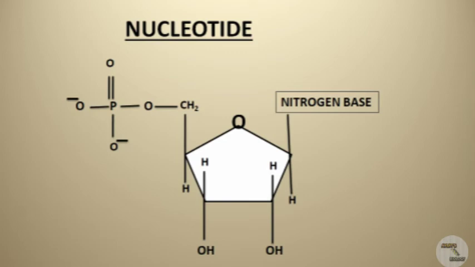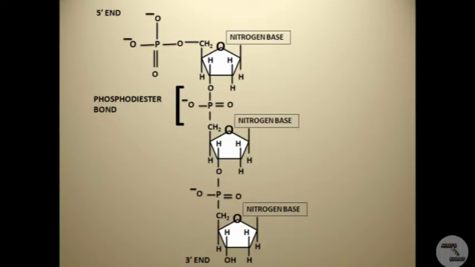Now the polymers of nucleotides which are formed by the condensation of nucleotides are called polynucleotides. The condensation reaction occurs between the alcohol of a 5' phosphate of one nucleotide and the 3' hydroxyl of a second nucleotide, which results in the elimination of a water molecule.